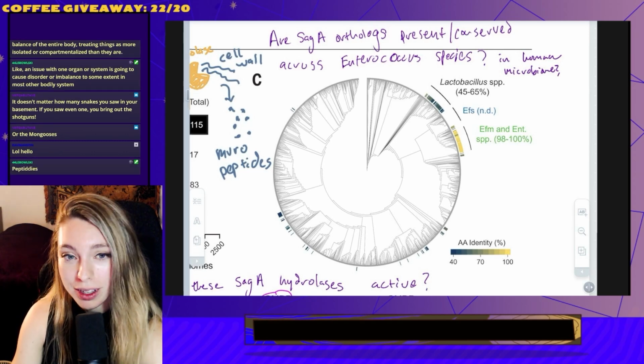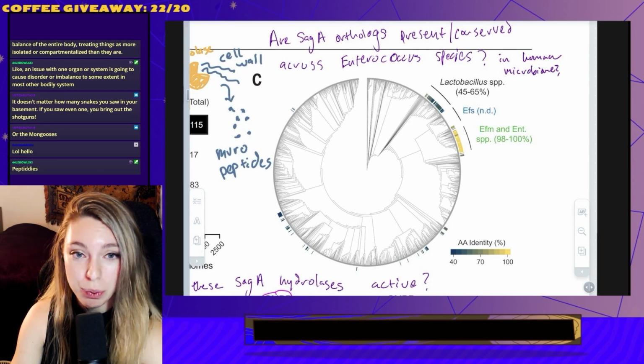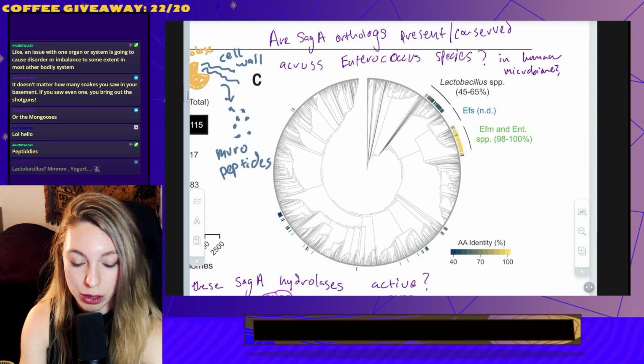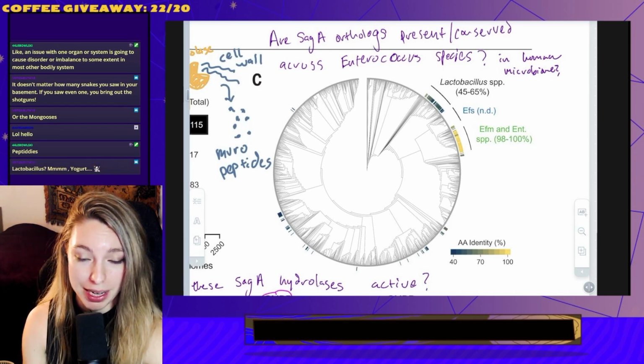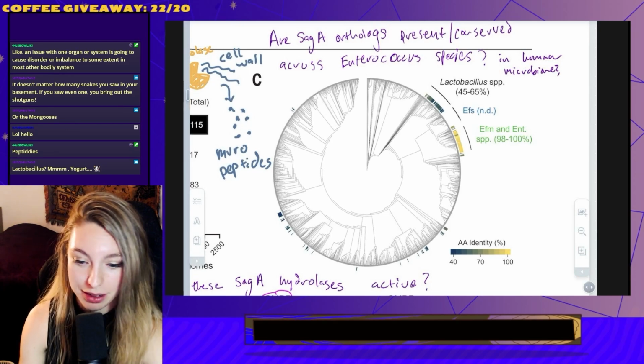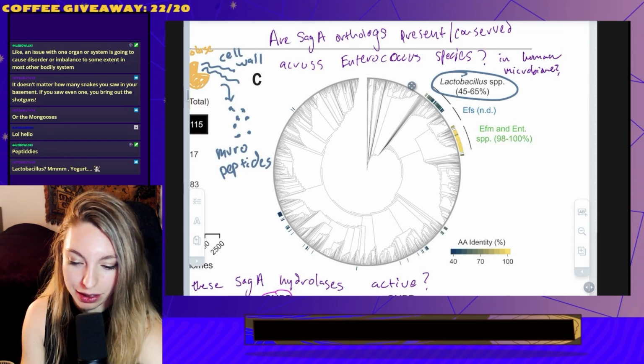Basically, they want to know, are there bacteria that colonize human stomachs that have this special enzyme? Now, at this point, they haven't even gotten into whether or not it's this SagA hydrolase that's helping the tumors get cleared better by T cells. So they still need to do that. But anyways, they find that there's some lactobacillus that express this SagA protein, and then there's E.